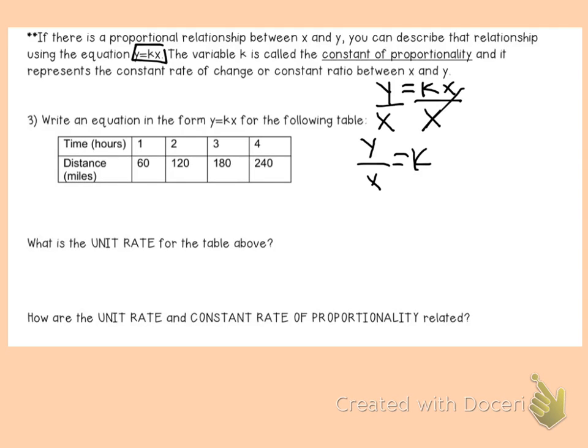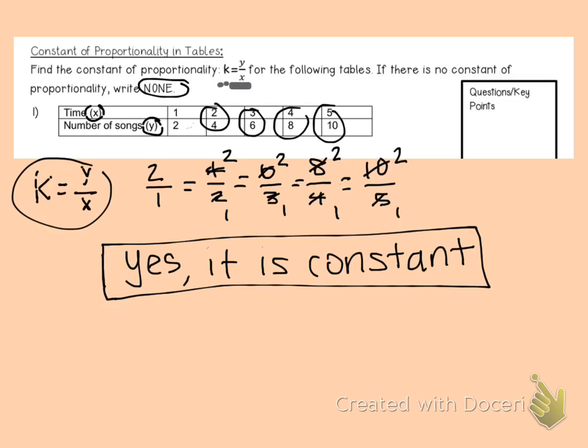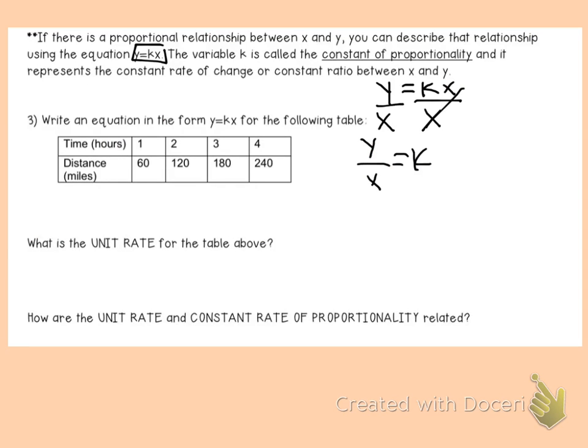So this would be your equation that you can use to find constant rate of change. And this would be how you would write it into an actual equation. If you're looking at your star chart, this y equals kx is what would be on your star chart. But if we know how to solve k equals y over x, that's all we need to know what to do here.